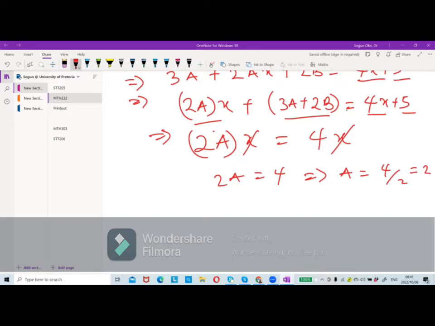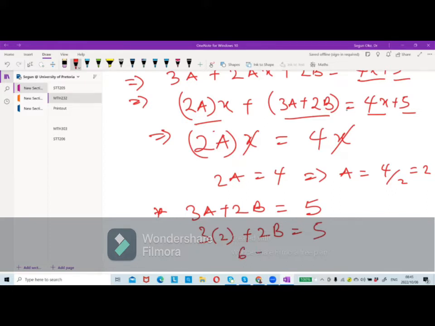Then don't forget the second one. It says 3a plus 2b equals what now? 5. Equals 5. Then don't forget, you know your a. Substitute your a. So I have 3 into 2 plus 2b equals 5.